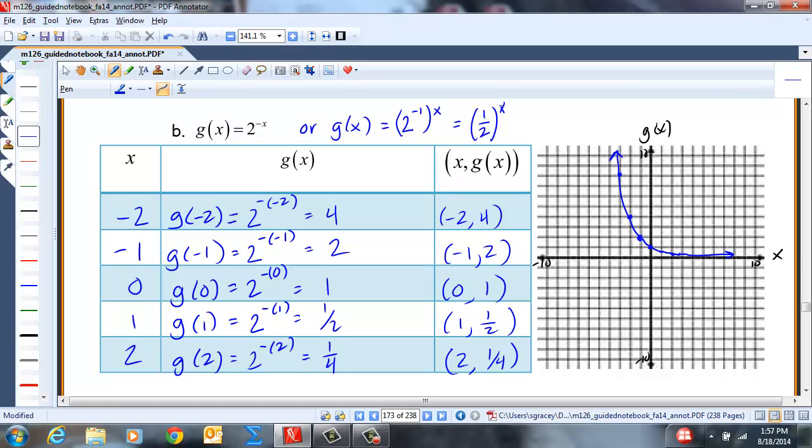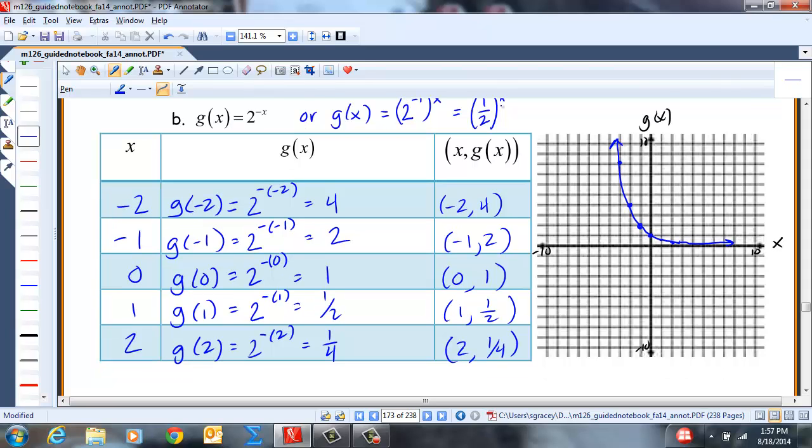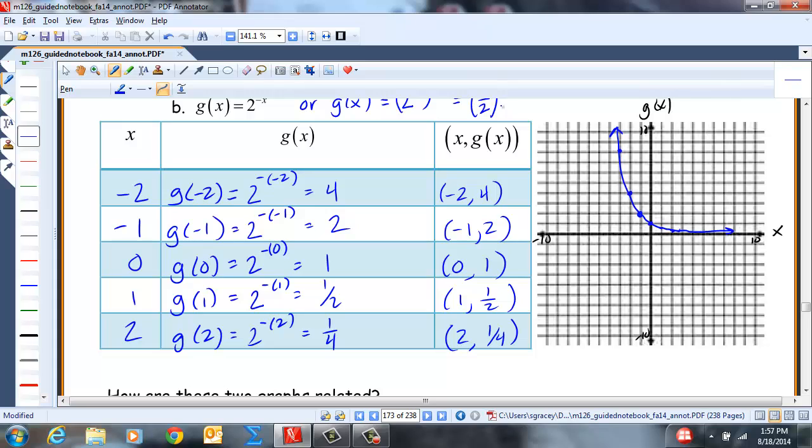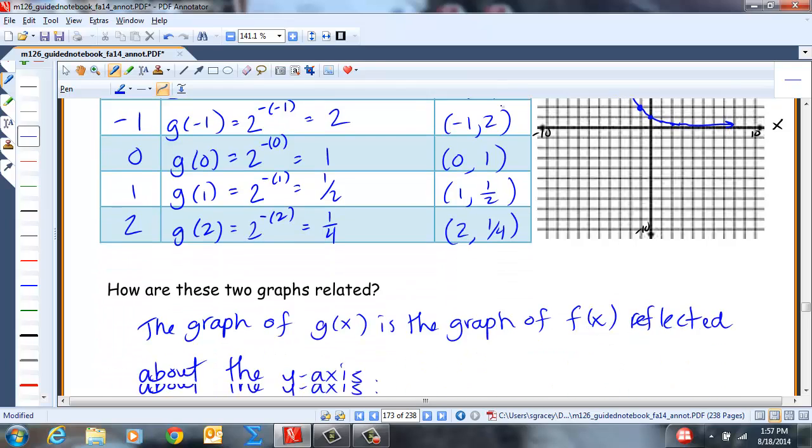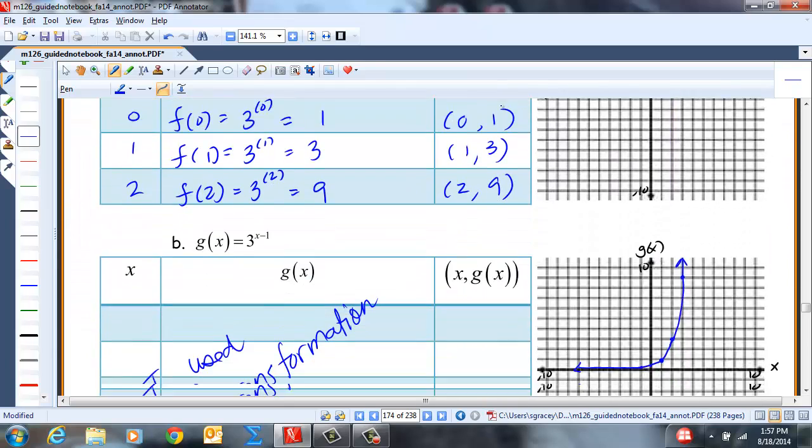And you've got 1 comma a, which is 1 comma 1/2, and 0, 1 on the graph. So it's still going to be smooth and continuous. But now this is true for all proper fractions that are between 0 and 1 when you're dealing with an exponential. So let's fill in the properties for that.